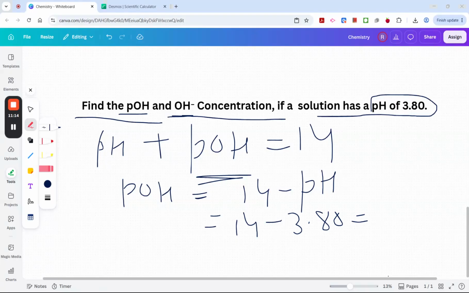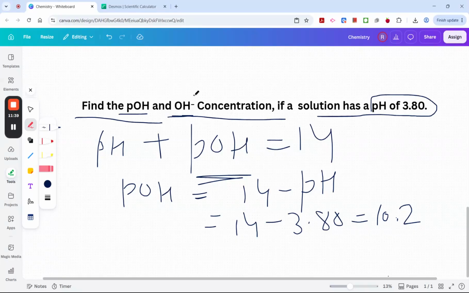You can use any calculator, but for log and other functions like sine and cosine, go with your graphing or scientific calculator if you are allowed to use one. 14 minus 3.80, so the answer is 10.2.